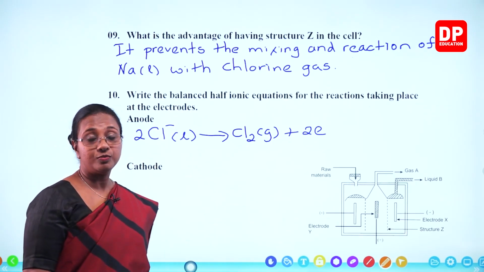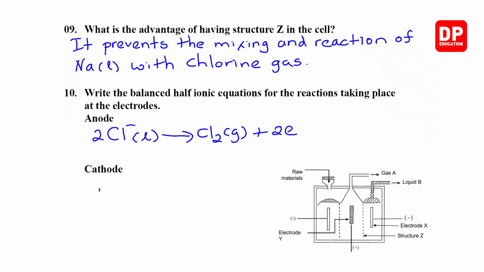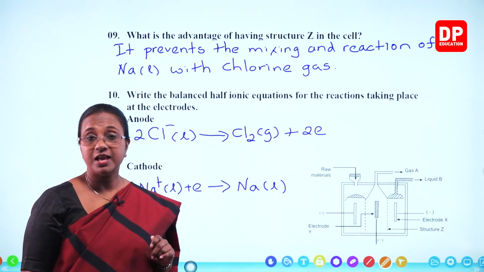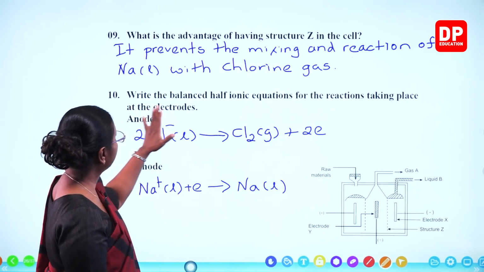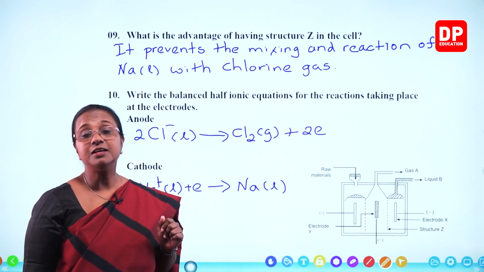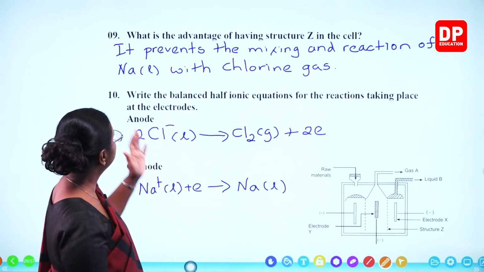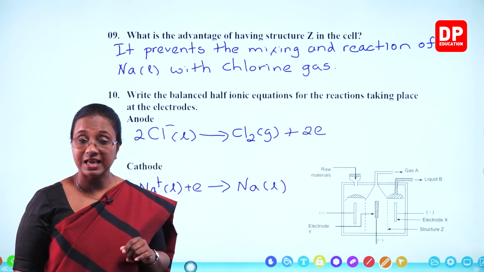Then near the cathode, what happens? Sodium ions get reduced. So here Na plus liquid takes up an electron to form Na liquid. And that is the cathodic half reaction or the reduction half reaction. So we have written the advantage of having the diaphragm, circular perforated steel diaphragm that prevents the mixing and reaction of sodium liquid with chlorine gas.